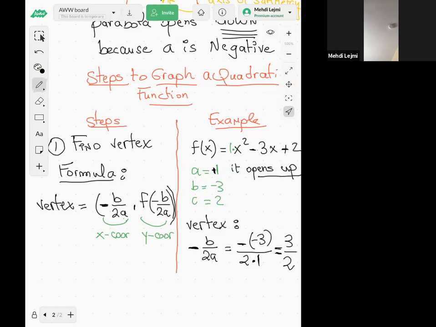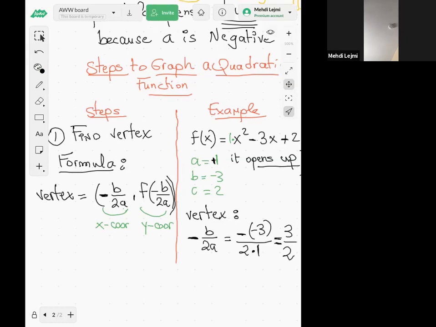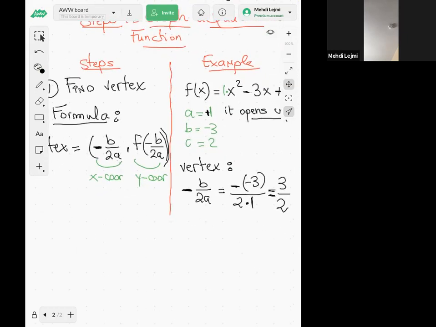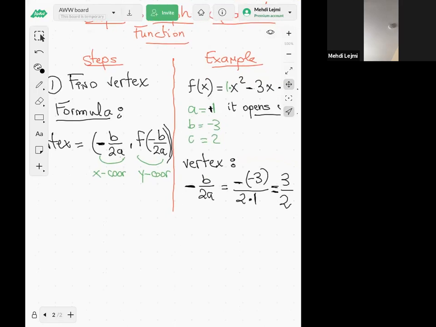Then the y coordinate would be f of negative b over 2a, which is f of 3 over 2.